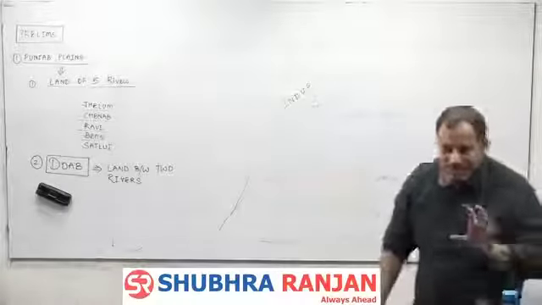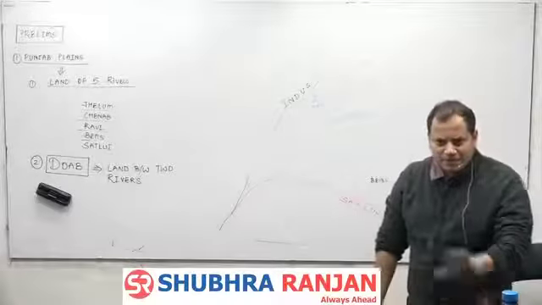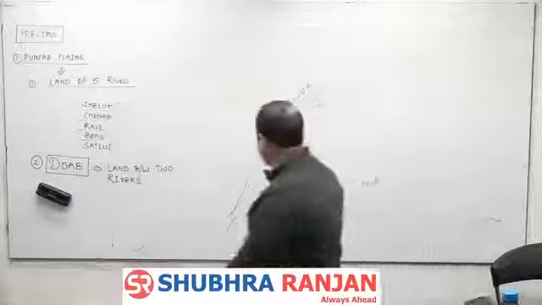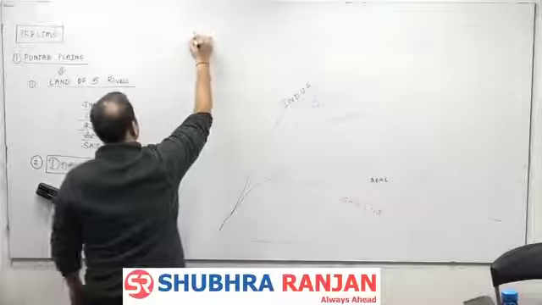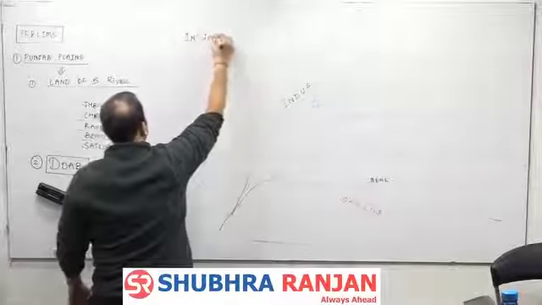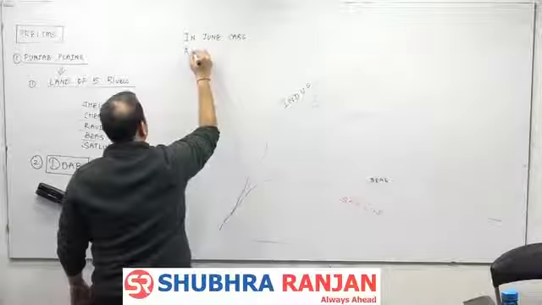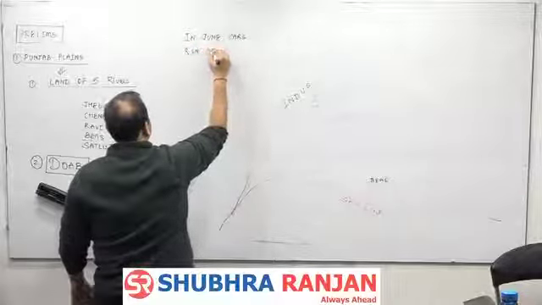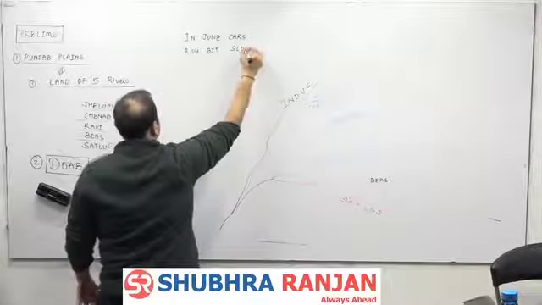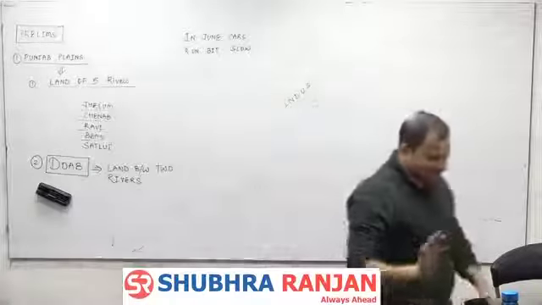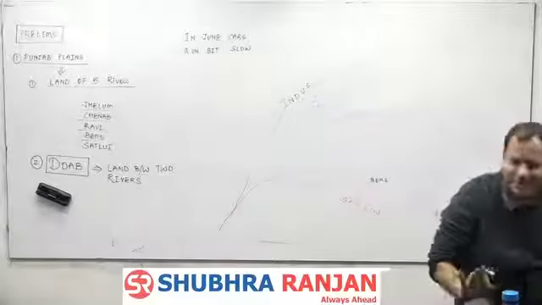This is the Indus river system. Very easy to remember from north to south. These are the 6 north to south rivers of Indus.